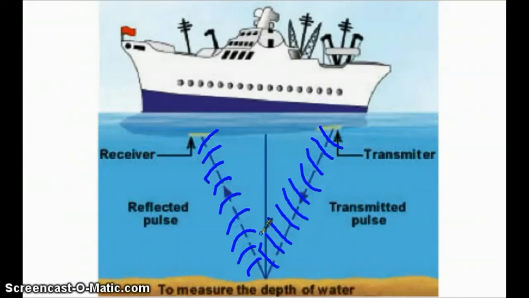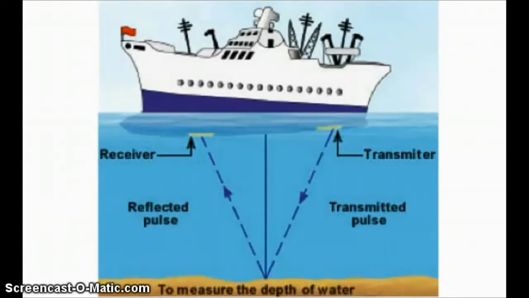Now that's okay with a situation where the seafloor is nice and flat, but what about if we have an object? So we'll create an object. Okay, here we have a nice rock, and we're going to send a sonar signal down towards it. So the transmitter will send out its ping.